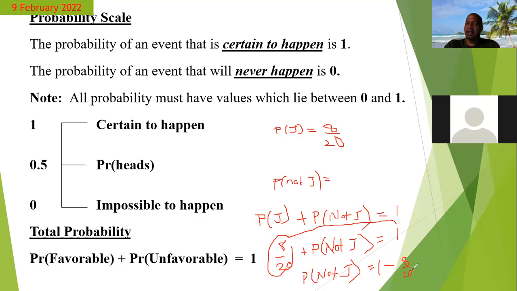Now remember, 1 is a whole number. But if we represent 1 using the denominator of 20, 1 can be written as 20 over 20. So it would be 20 over 20 minus 8 over 20.